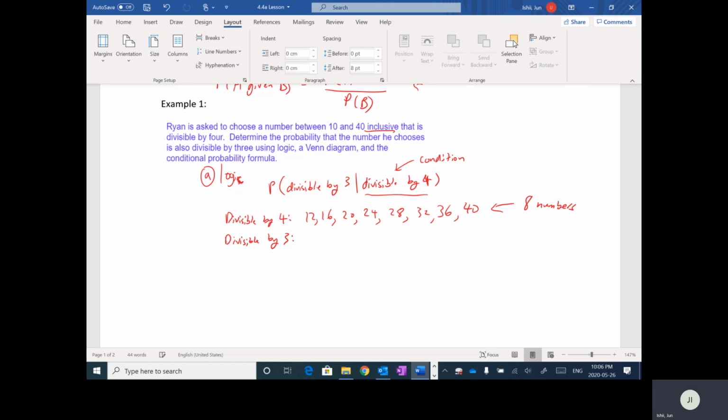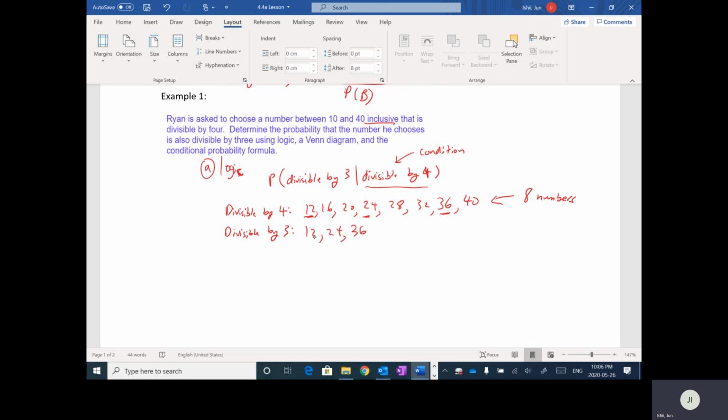Of these numbers, the ones that are divisible by 3 are 12, 24, and 36.